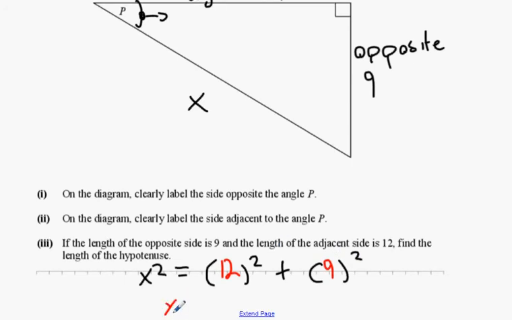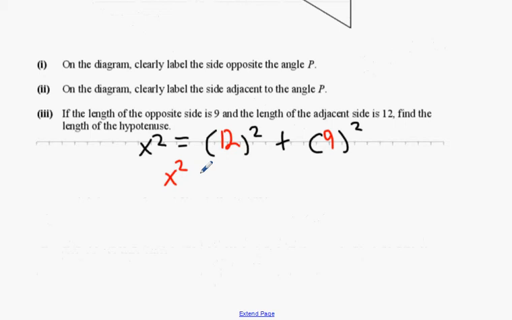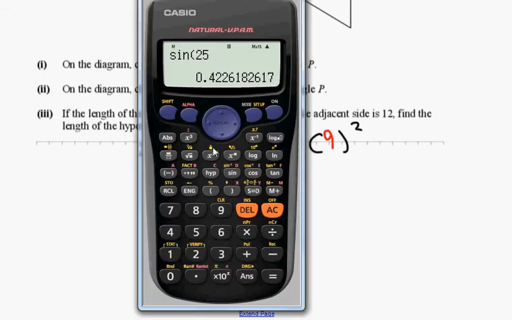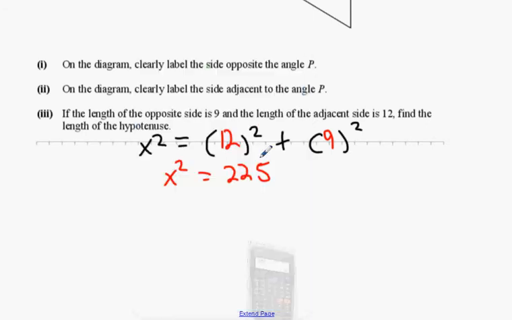Put that into your calculator, and what does x squared equal? 225. How do I find out what x is? Square root 225. 15. How many of you got that last night? Oh, good. What happened?